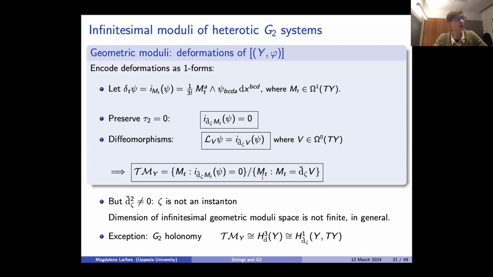If we want to count these kinds of deformations, then we can get an infinite number of them. The exception is if we have G2 holonomy, because then one can show that there is an isomorphism between this space here and the third de Rham cohomology. But if we do not have G2 holonomy, then this is not enough to get an elliptic complex, and it will not give us the cohomology that we're after.